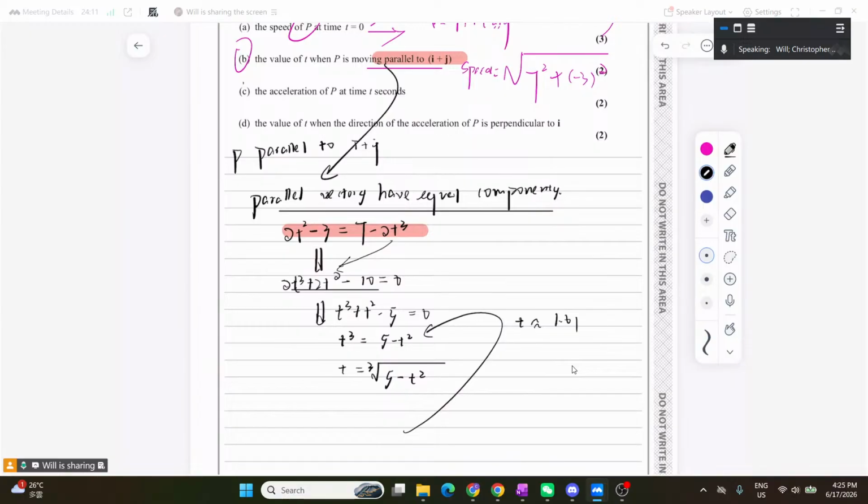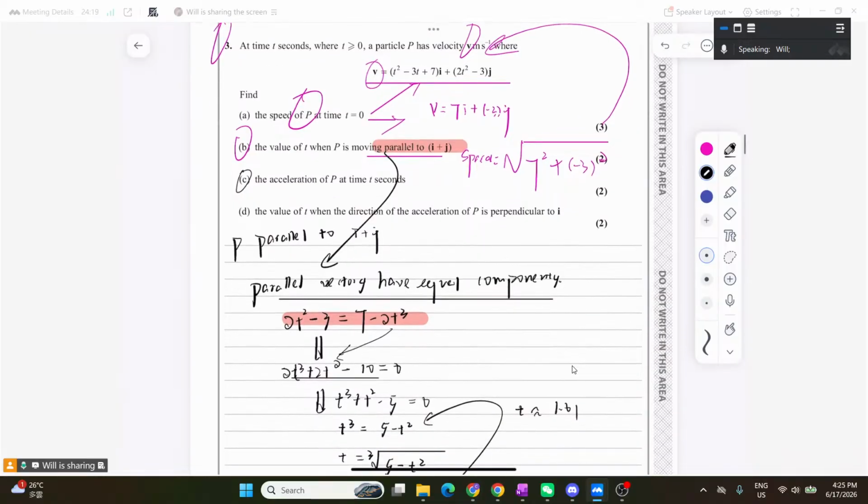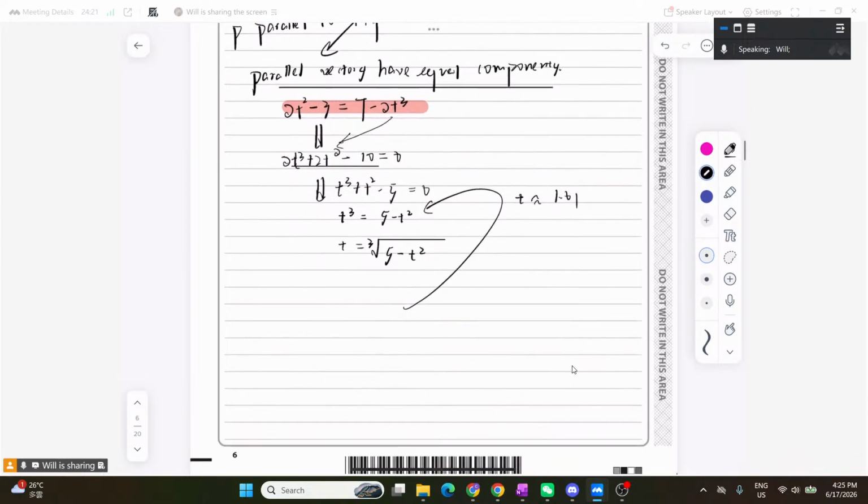For question C, we need to differentiate the velocity equation to get the acceleration of P. Differentiate v with respect to t, so a equals dv over dt.